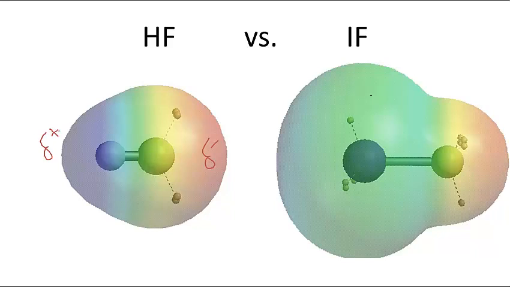Well, if you look at IF, you'll see a lot more of that green, which is pretty neutral. You get some partial negative on this side, some partial positive on the other side, but it's not nearly as distinct. The partial positive is a lot weaker in IF because of the lone pairs.